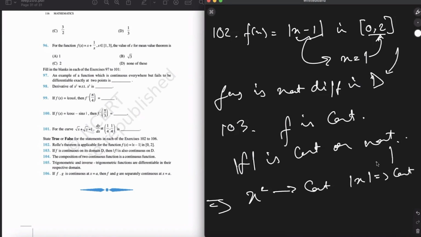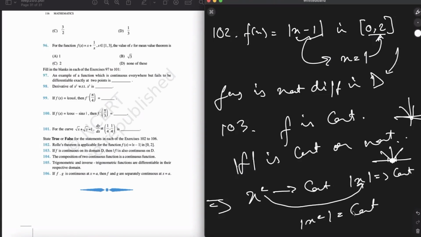See, this is the graph. If you approach from the left hand side or from the right hand side, you approach the same point. So it is continuous. It is not differentiable due to the kink, because you cannot find the slope at the kink. So it is continuous. So if you put this inside, it will be continuous as well. So if f is continuous on this domain, then |f| is also continuous on D. Obviously true.